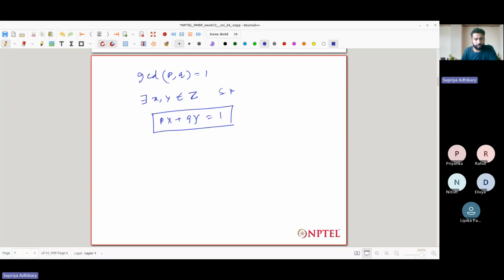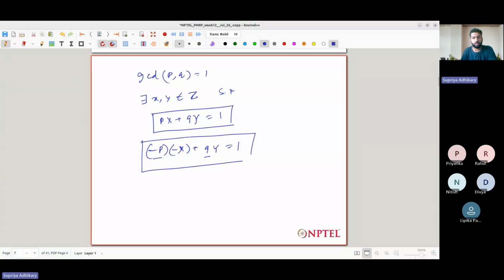Now again, we can write it like this: for minus P and Q, we also have two integers, minus x and y, such that this is actually equal to 1. And we are only rewriting this equation over here.